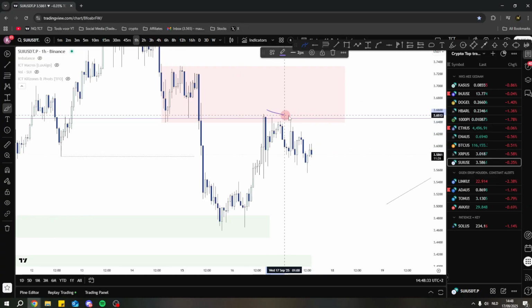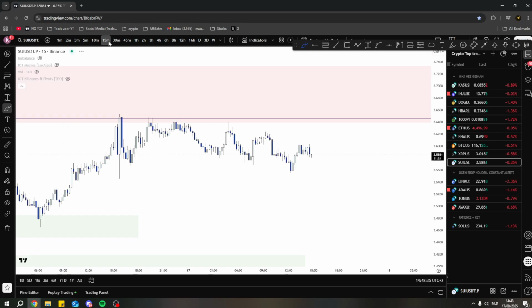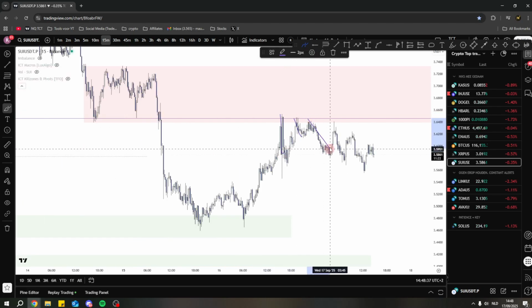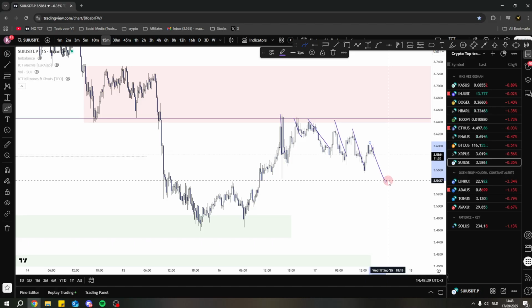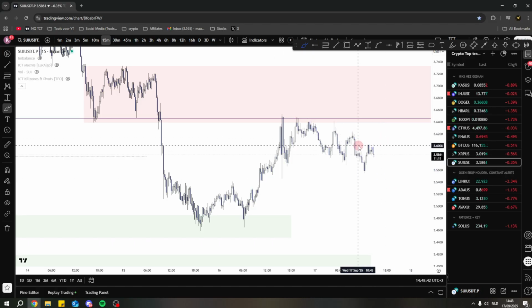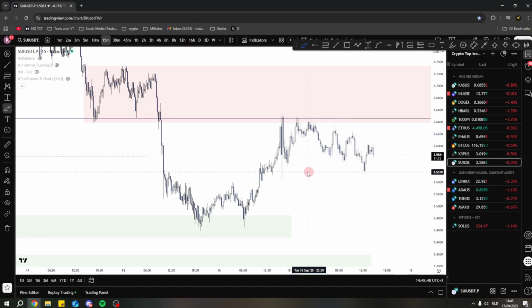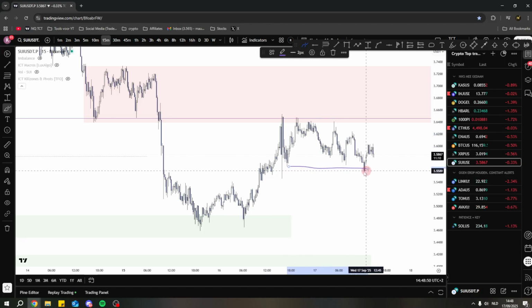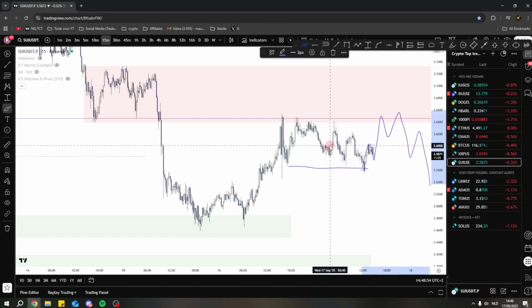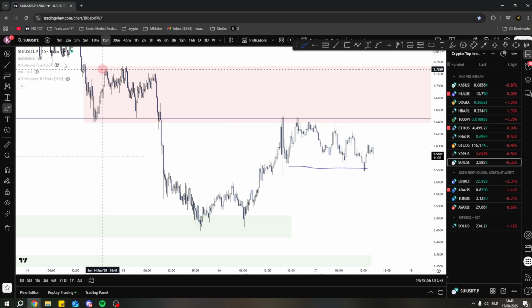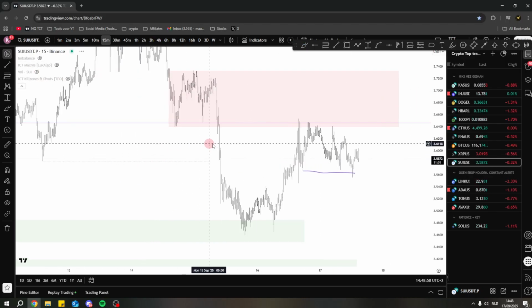I want this retail liquidity to get taken because a lot of retail players are just shorting here. And I do not want to trade with them, with the retail players, because your stop loss would be above these highs. But that actually makes it interesting for them to take out and then reverse price while not giving a lot of retail players a chance to make profit.